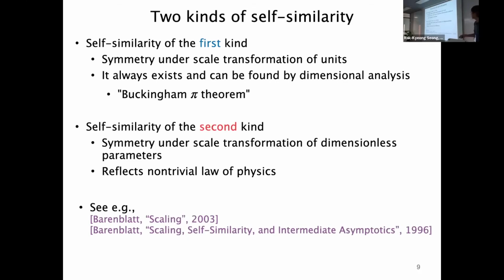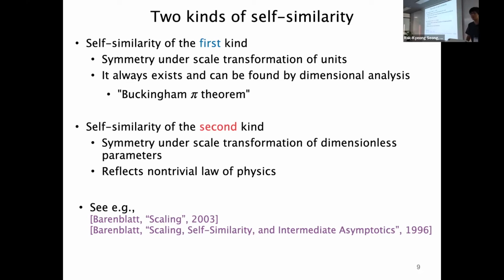And I want to give more detail on this, but in short, the second kind is associated with the non-trivial transformation of the dimensionless parameters. So that is why it cannot be found by the dimensional analysis.